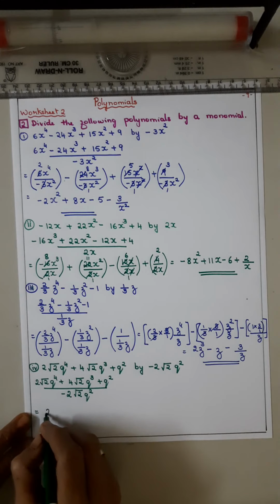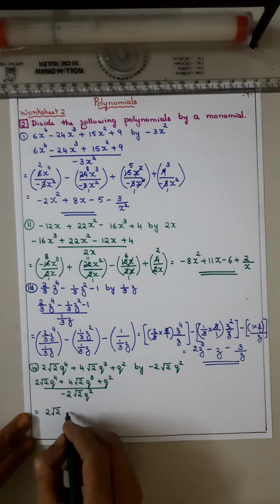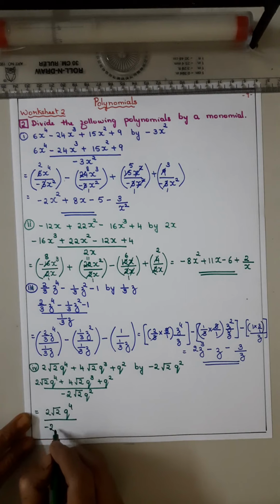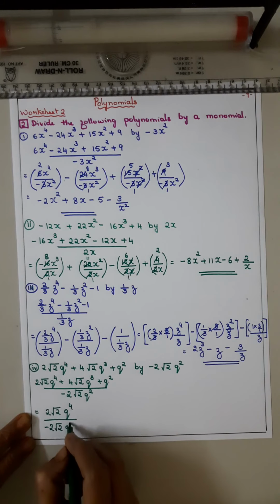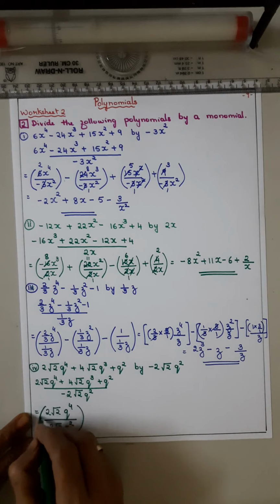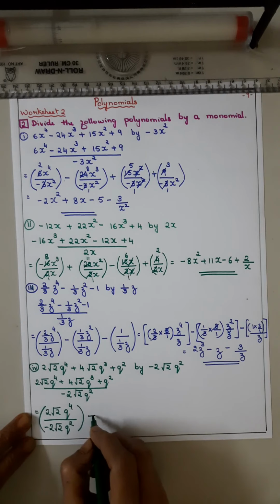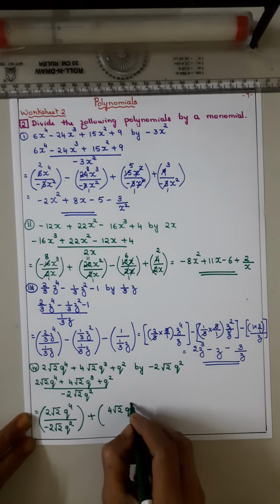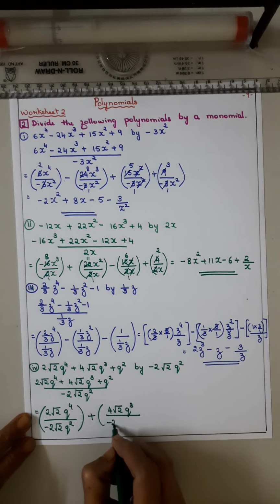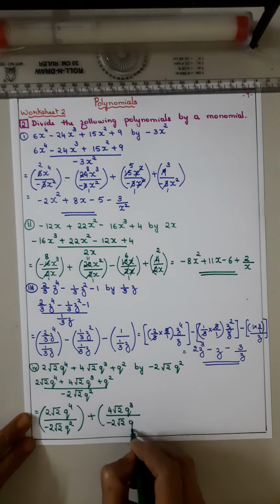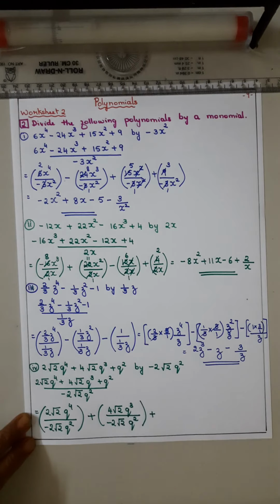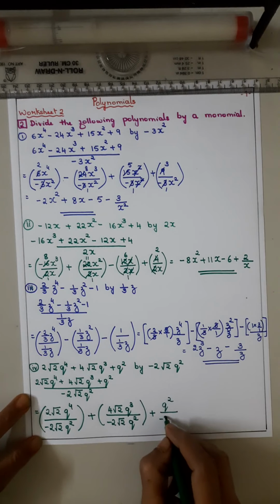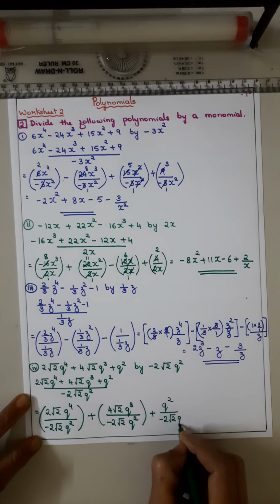So separate out: 2 root 2 q to the power 4 upon minus 2 root 2 q squared, here it will be plus 4 root 2 q to the power 3 upon minus 2 root 2 q squared, plus q squared upon minus 2 root 2 q squared.